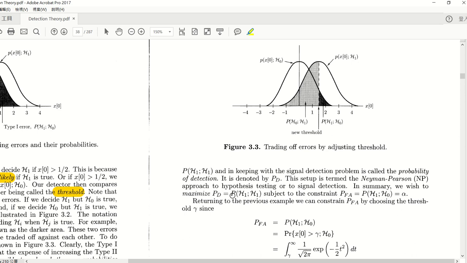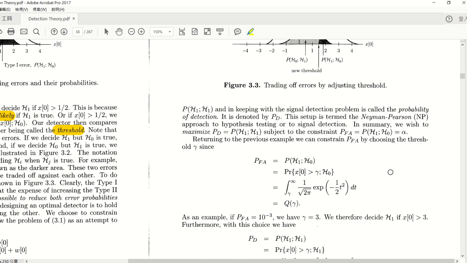It's a good thing to have. PFA is something we don't like, so we try to avoid it by setting a threshold on it, PFA equal to alpha. Then we maximize PD with the constraint PFA equal to alpha.